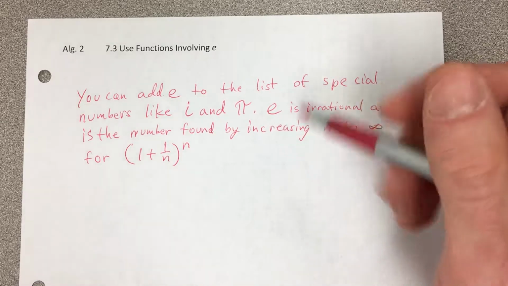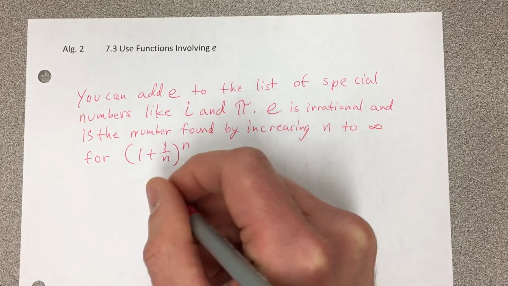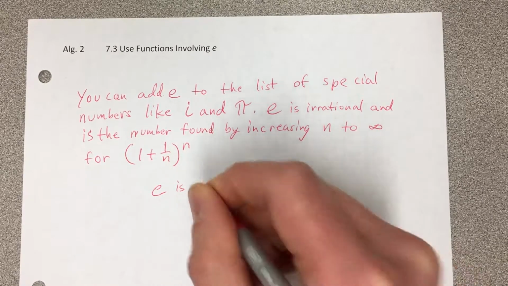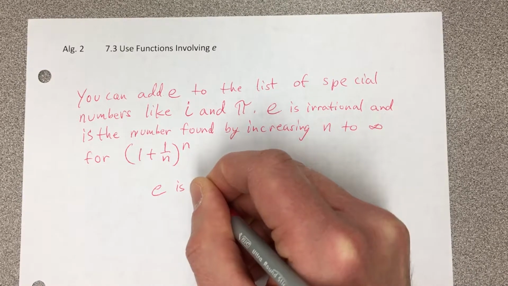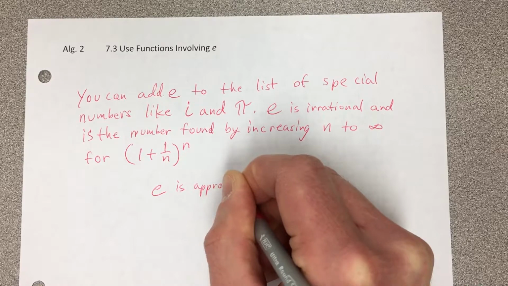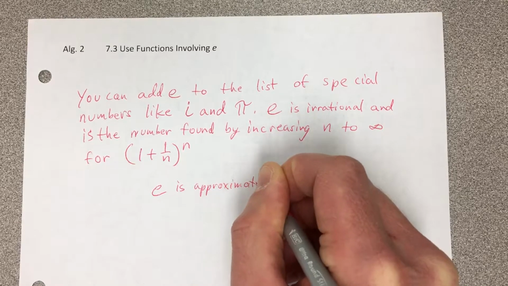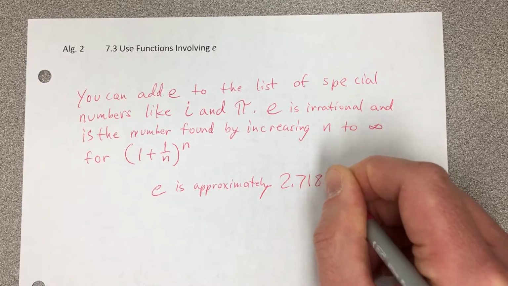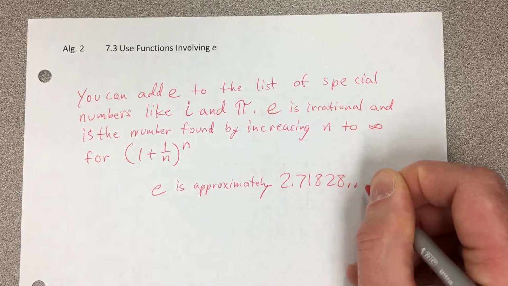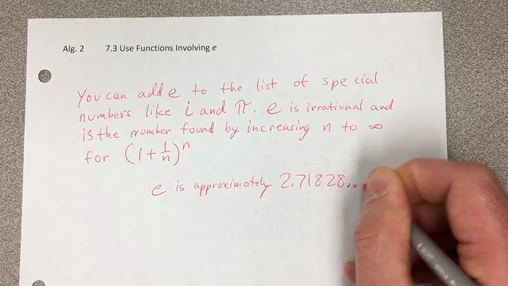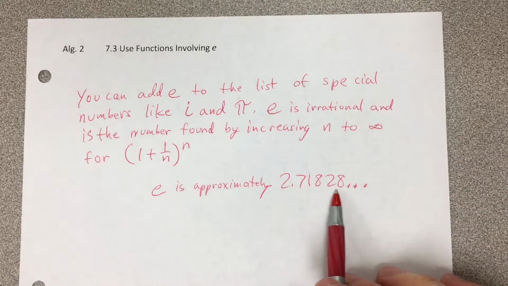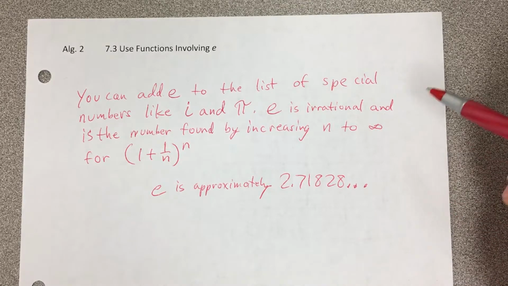It's interesting that when you start calculating this, e is approximately 2.71828. But because you can never get to infinity, you can keep refining this number and getting it more and more accurate forever.